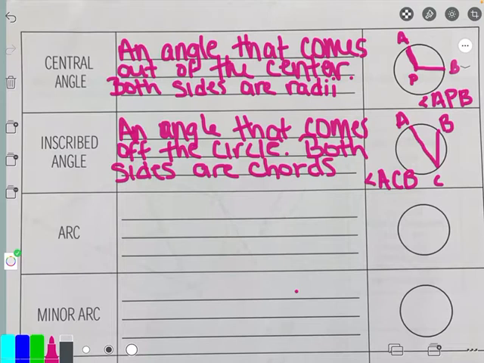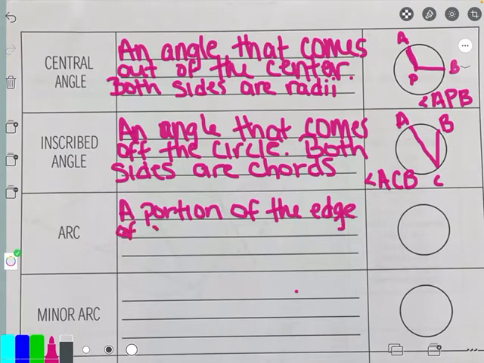Okay, next we have an arc, which is a portion of the edge of a circle, and we use two endpoints to name it.